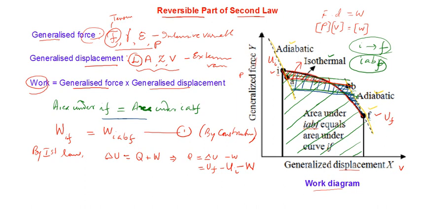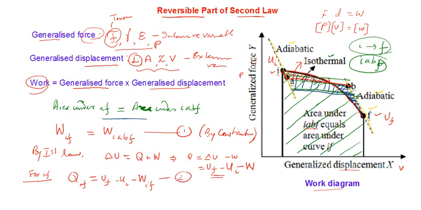So for the path I to F, let me write clearly the heat exchanged during I to F: QIF is equal to UF minus UI minus W, and this W I should clearly mention is WIF, because work in general is path dependent. This is my second equation.